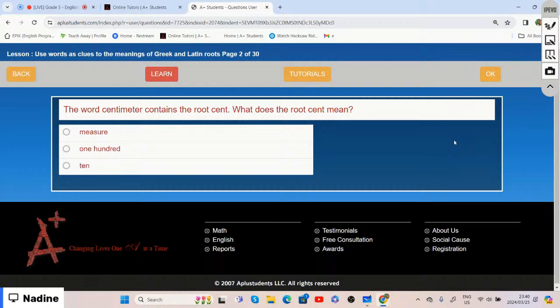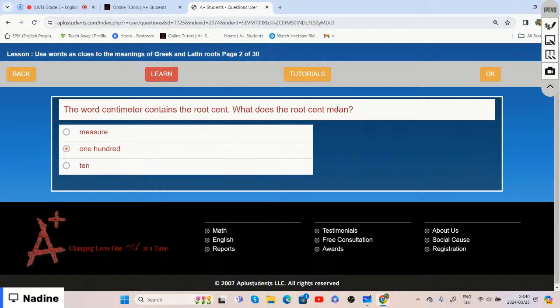All right, so we will then choose the second option, and cent means 100. Because there are 100 centimeters within a meter.